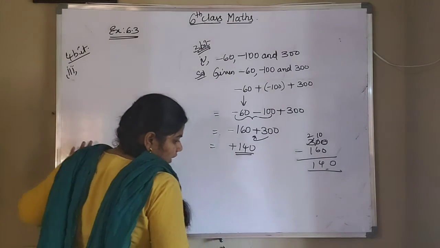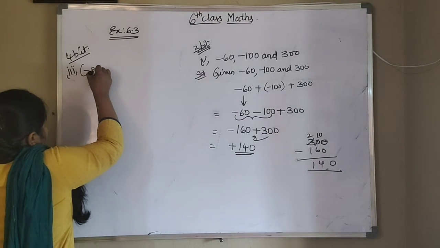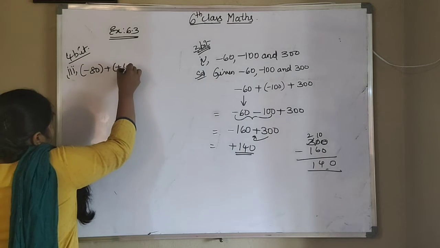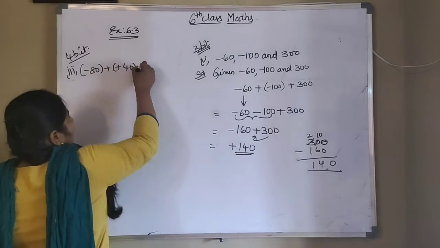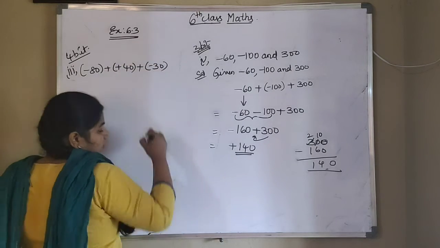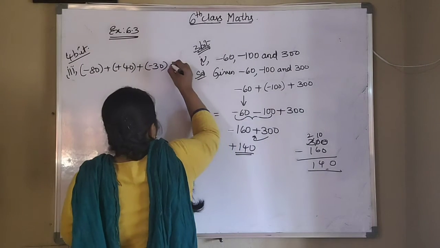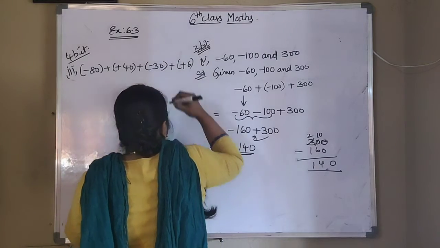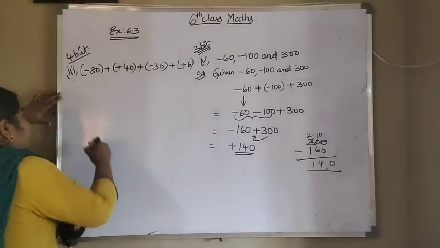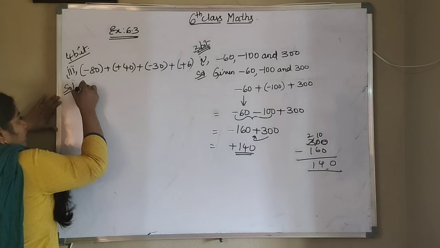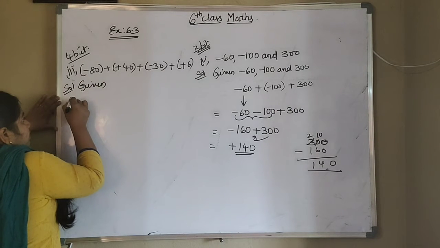That is minus 80 plus of plus 40 plus of minus 30 plus of plus 6. Okay, so this also we have to solve in the same way. So first step, write the given integers.